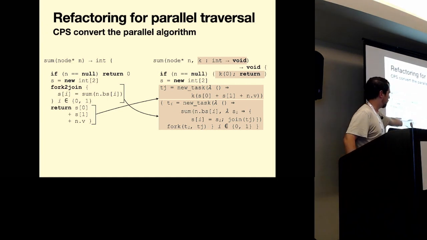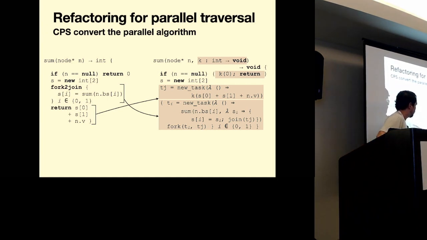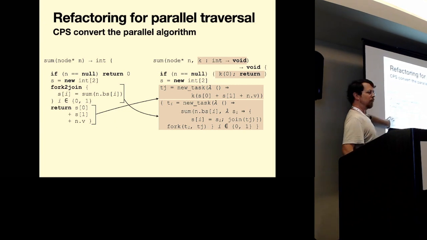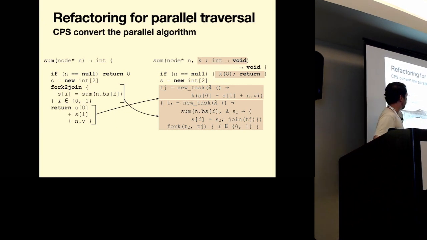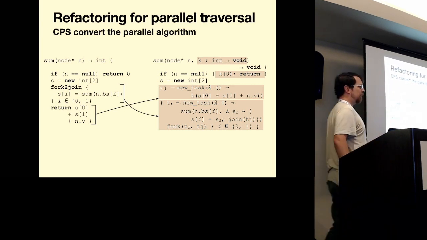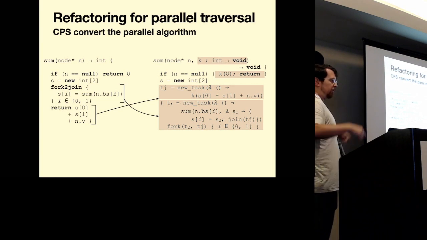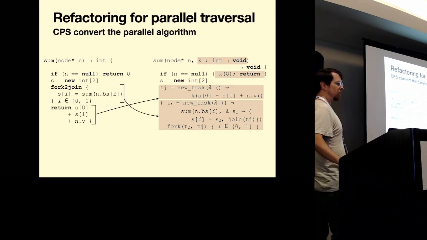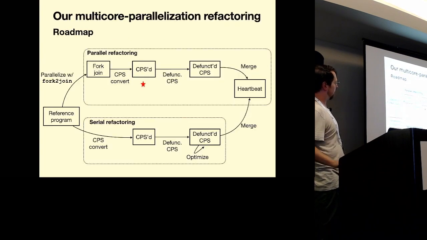It sets up the dependencies and starts them running using the fork instruction. We take the join point here and lift it out into a new task. And the CPS aspect of this is that we've introduced the continuation K, and that's where we're going to send the result once we've gotten it from the recursive calls after they've finished. That's the CPS conversion here.